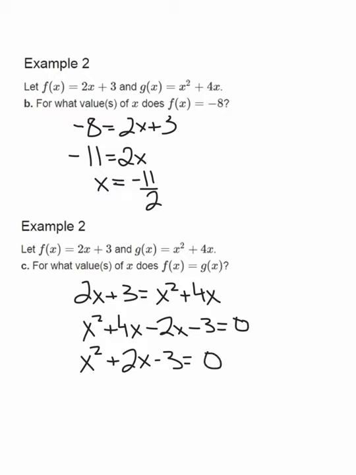This looks like a quadratic equation, and our a value here is 1, so we can actually just solve this with two numbers that multiply to negative 3 and add up to positive 2. Those numbers are negative 1 and 3, so we can factor that.